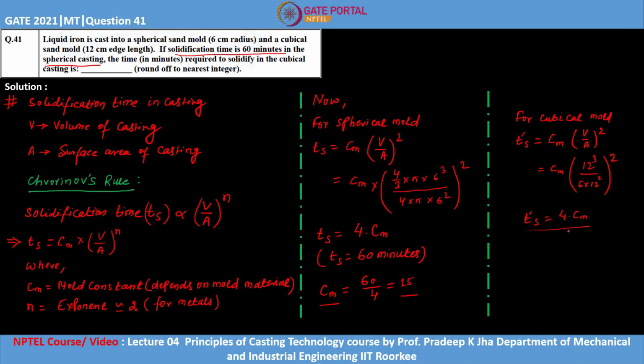Simply putting the value of Cm equal to 15, we get Ts bar as 4 times 15, equals 60 minutes. So from this we easily get the solidification time in case of the cubical mold, which will be equal to 60 minutes. So that will be the correct answer for this question.